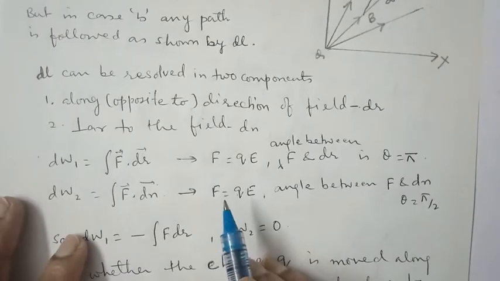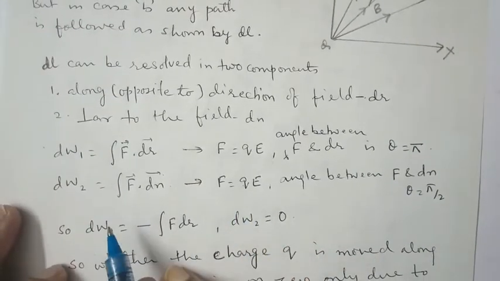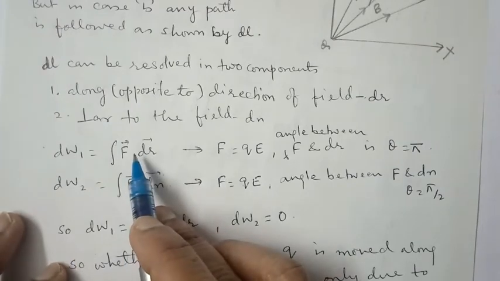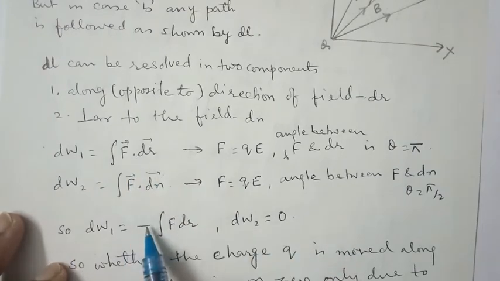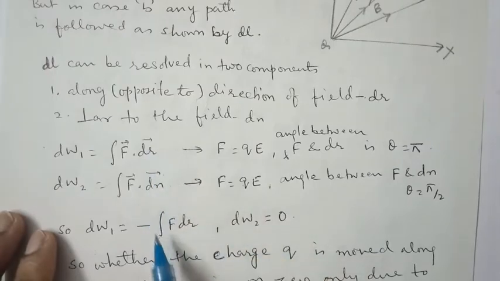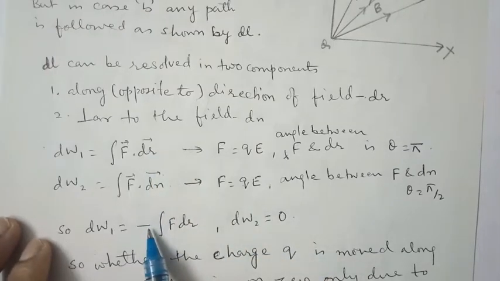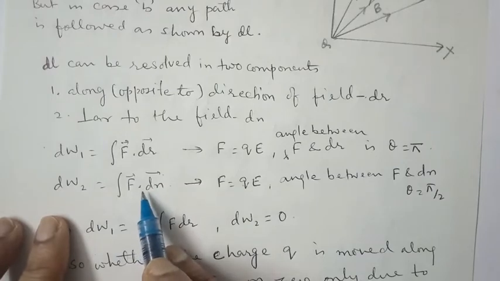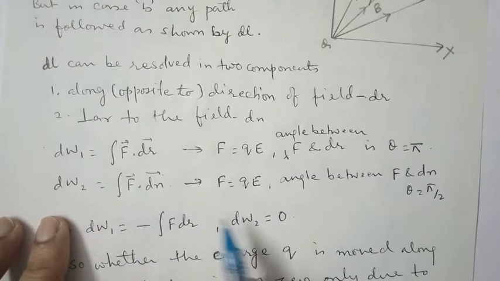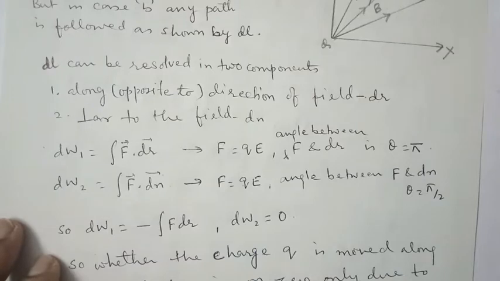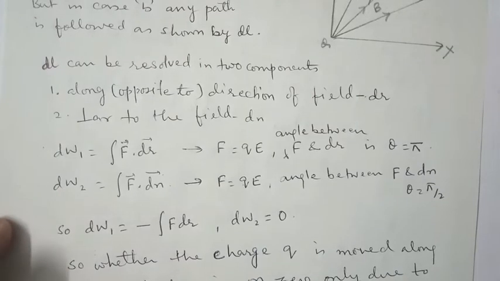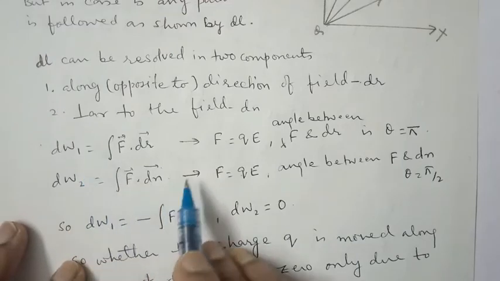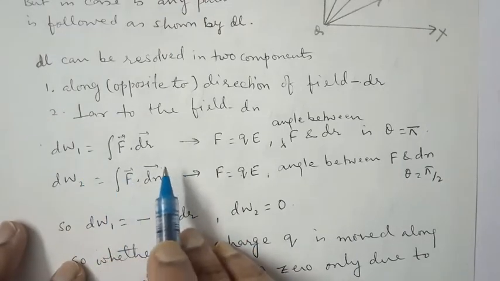Now if I talk about dw1, this dot product has created this negative sign, cos 180 is minus 1, which has made it minus. But for dw2, this is cos 90, which made it equal to 0. dw2 has become 0. So the total work done will be dw1 plus dw2, with dw2 contributing zero work done.